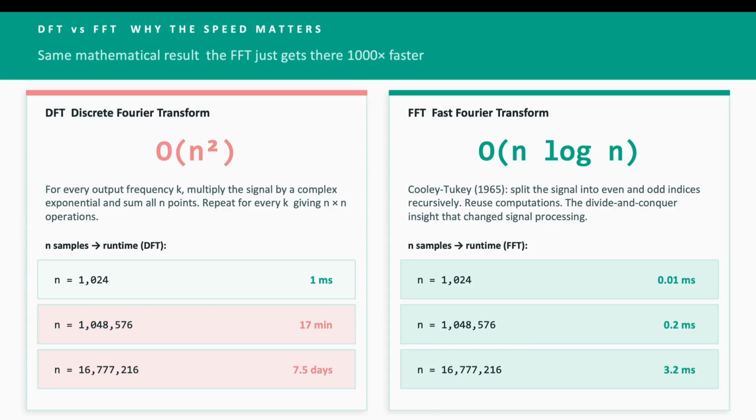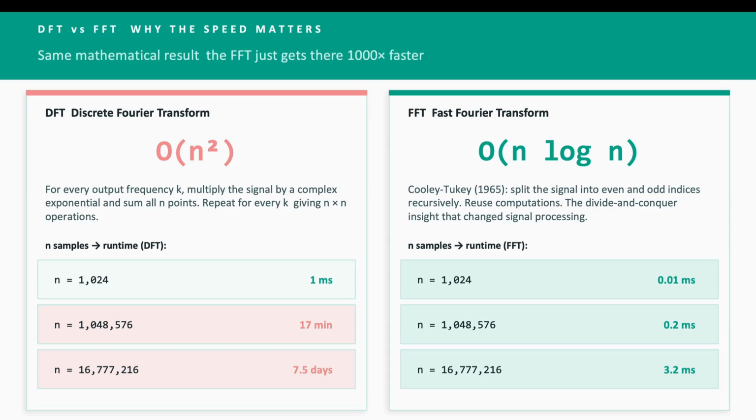Repeat that for every k. You get n times n operations. Look at the left panel. 1024 samples, 1 millisecond, fine. 1,048,576 samples, 17 minutes, barely usable. 16 million samples, 7.5 days, completely impossible.